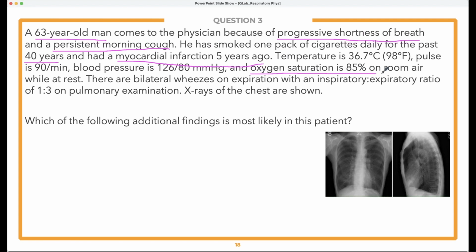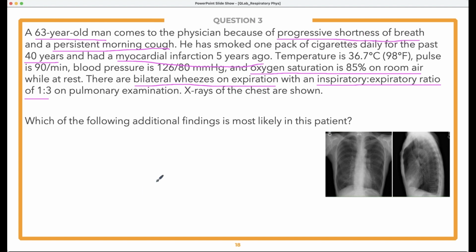So that is definitely hypoxic, right? Below 93, we're thinking hypoxia at this point. And he has bilateral wheezes on expiration. There's differences between inspiratory wheezes and expiratory wheezes, and we'll talk about that. And the inspiratory-expiratory ratio, or the IE ratio, is 1 to 3. You've got to think about, is that normal, abnormal? We'll talk about that as well.